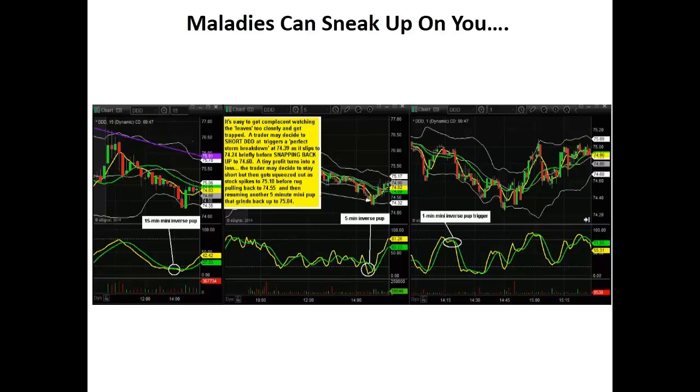There's no mini inverse pup left. The 15-minute mini inverse pup, cross back up. There's no mini inverse pup there. Well, what about the 1-minute cross back up? In other words, this would be a long trade, not a short trade, but you're stuck now in the short trade.